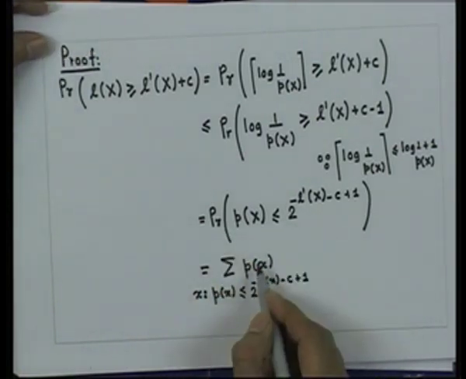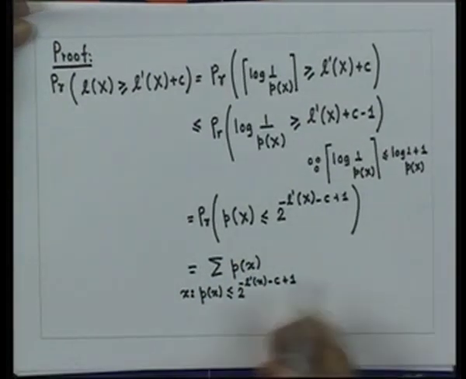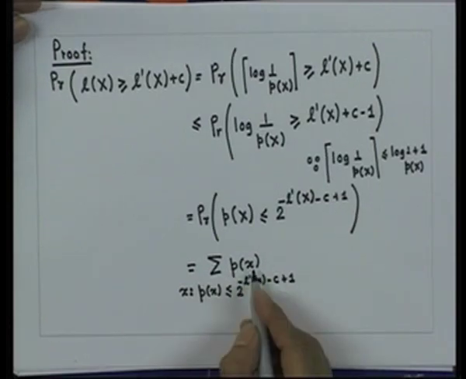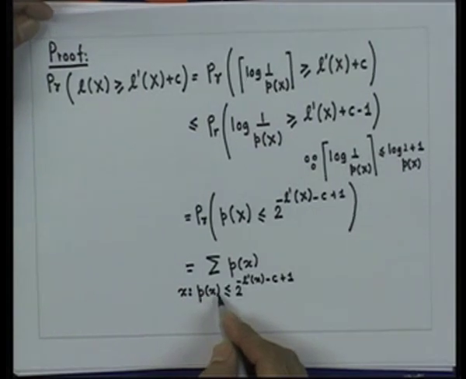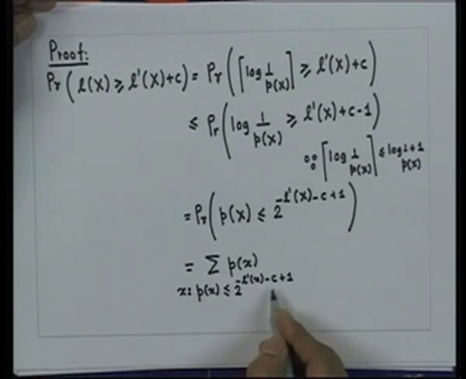So, this is equivalent to summing up the probabilities of x, for all those x for which probability of x is less than or equal to this quantity.